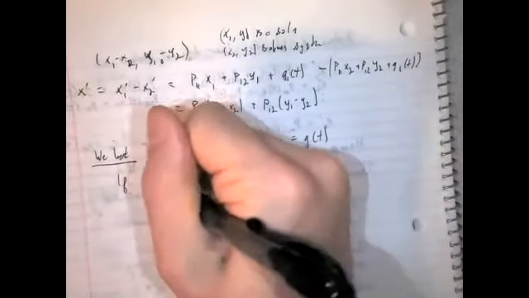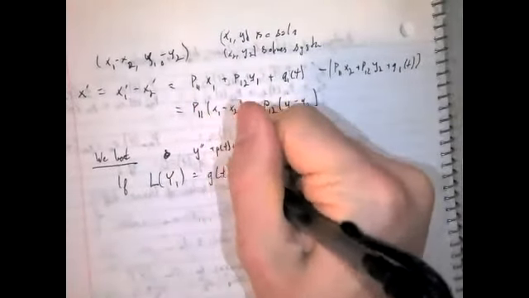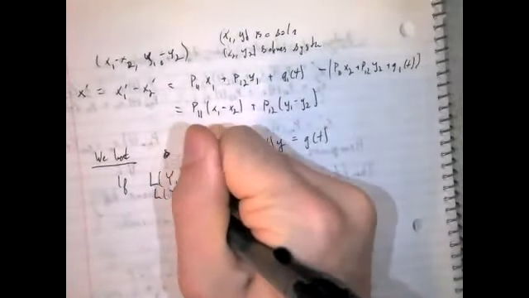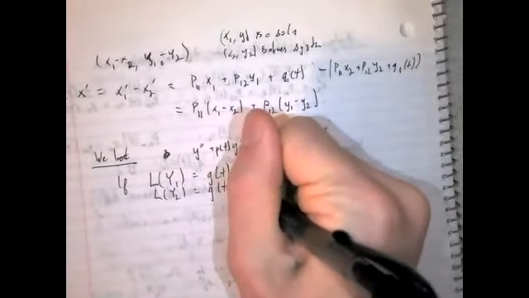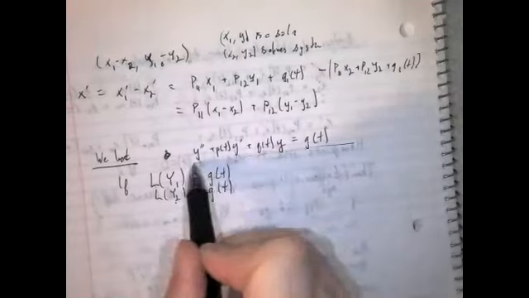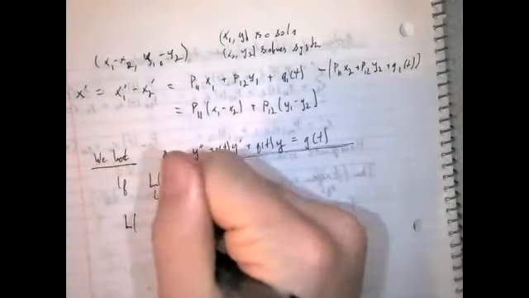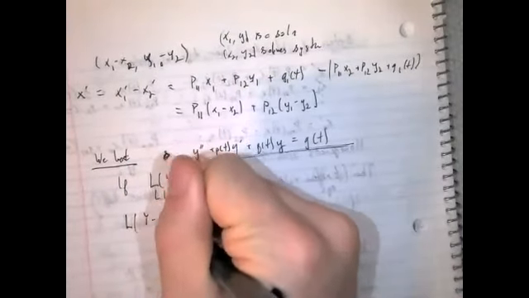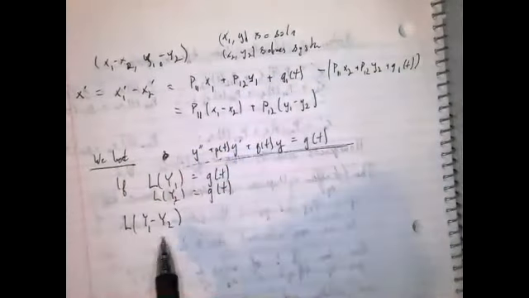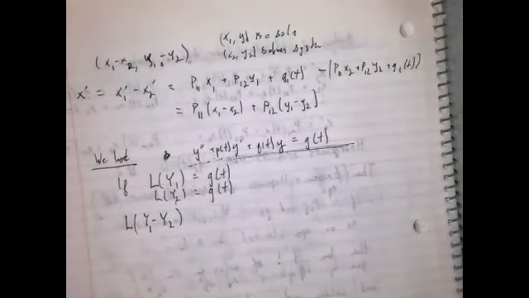If L of y1 is equal to g of t and L of y2 is equal to g of t, then that means y1 and y2 are solutions to this non-homogeneous differential equation. Then L of y1 minus y2, is this going to be a solution to this non-homogeneous differential equation? No, just the homogeneous part.